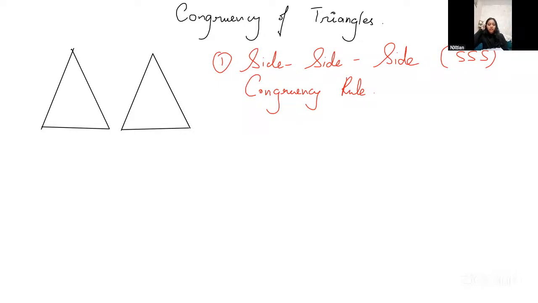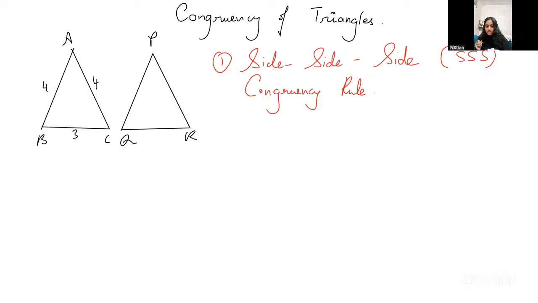Okay. Now, we were talking about the side rule, which says that three sides of a triangle are equal to the three corresponding sides of another triangle. What's the meaning of this? Suppose this triangle is ABC and this is PQR. AB is 4 centimeters, AC is 4, BC is 3.